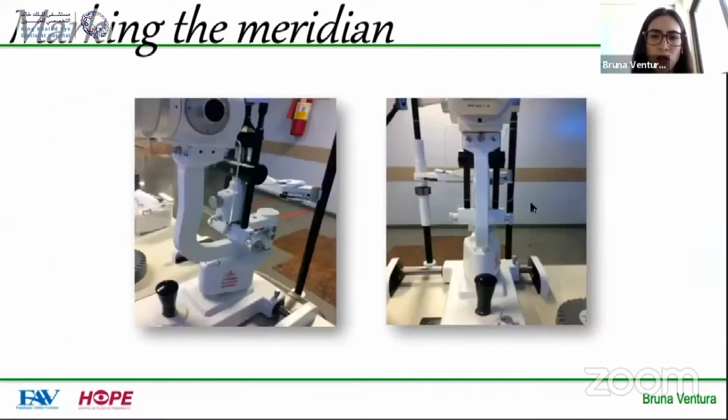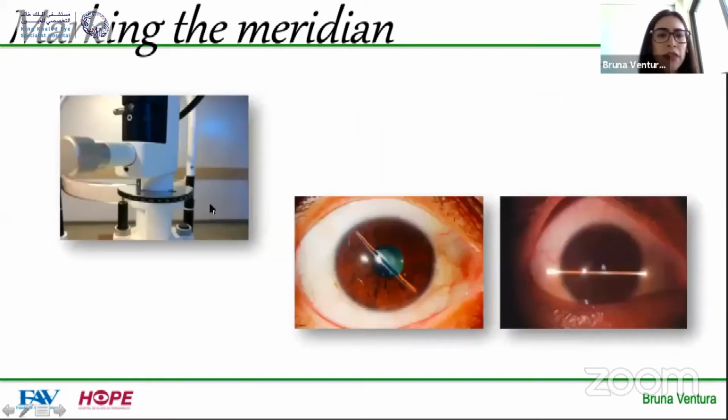One thing that's very important when using the slit lamp to mark the axis is to have it completely aligned when we're going to do the marking. And then you just change this so that the slit of your slit lamp is aligned with the meridian that you want to mark.